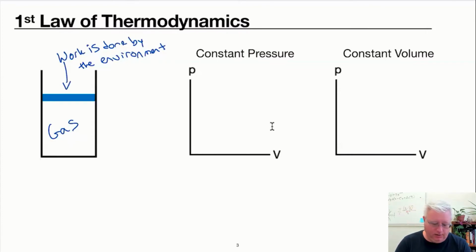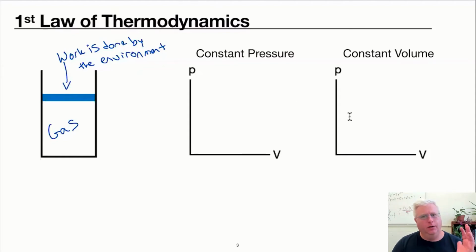Okay, so the piston has mass, it has weights, but it's the atmosphere, right? The atmospheric pressure that is going to do work, right? That's the external environment. Okay, so the environment is doing the work, not the piston itself.